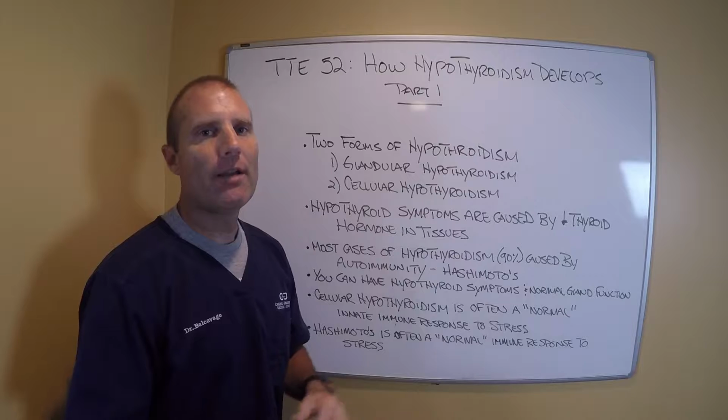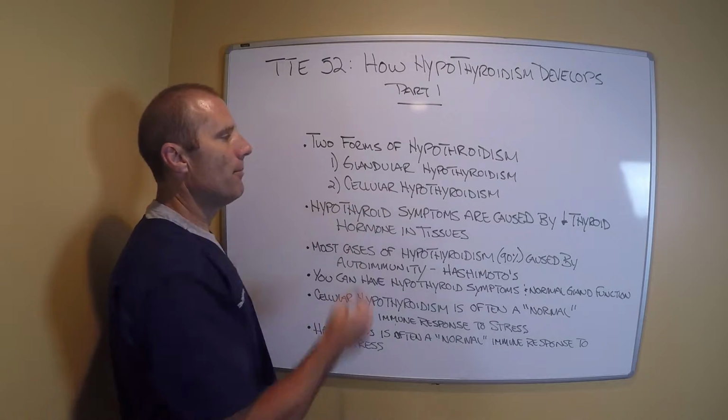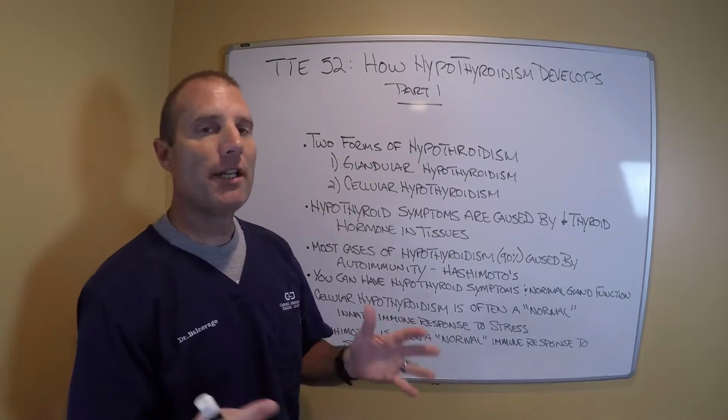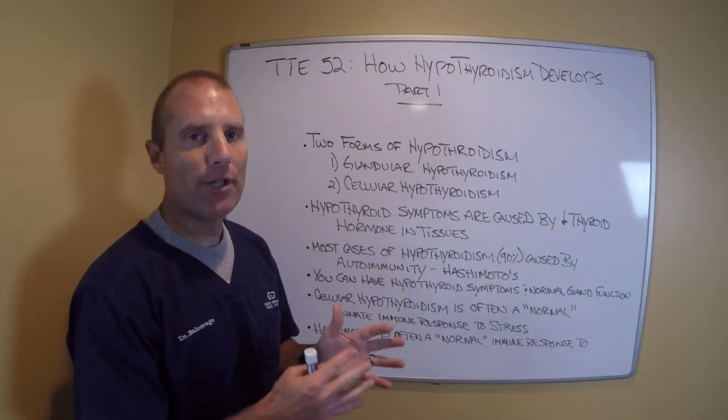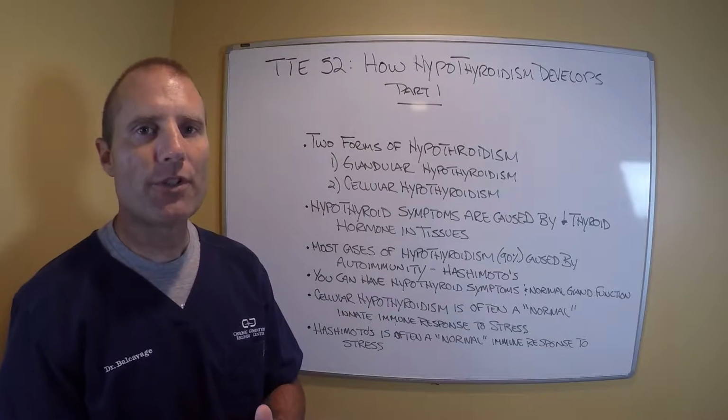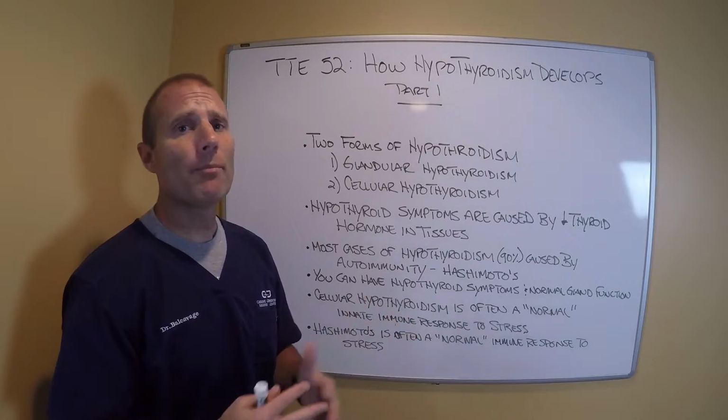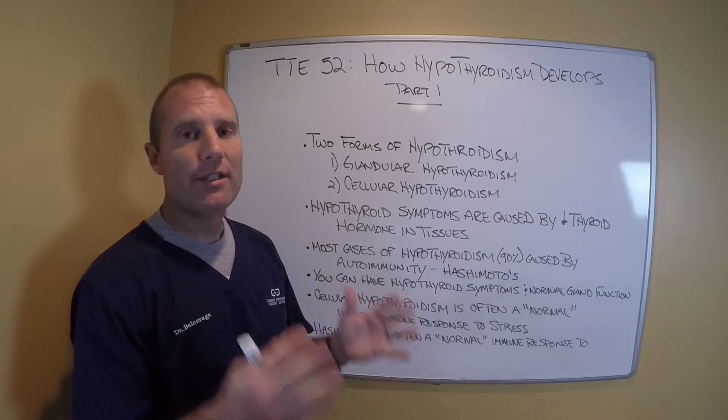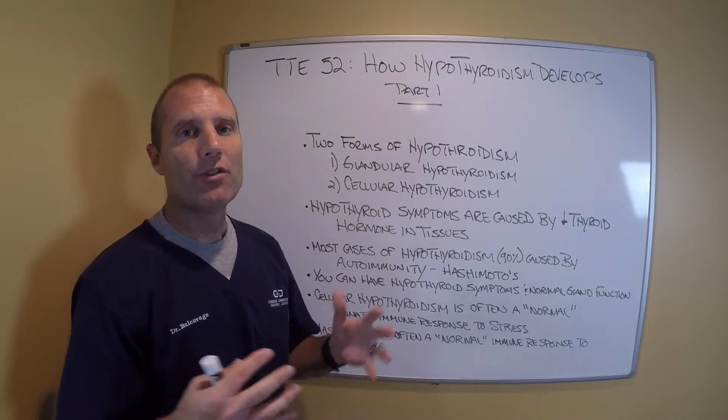Cellular hypothyroidism just means there's not enough thyroid hormone getting from the bloodstream into the peripheral cells. The gland can work perfectly, but there's a distinction between the two.